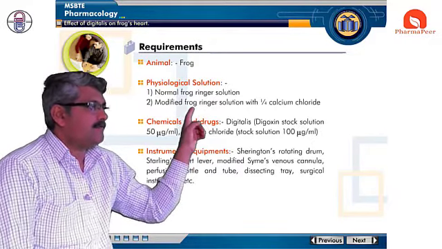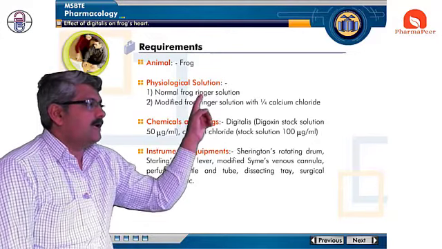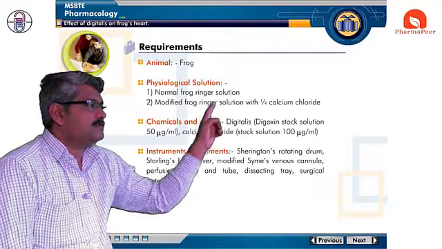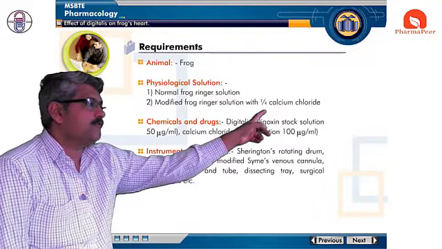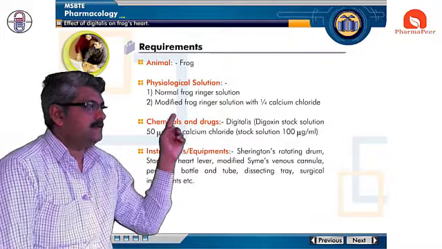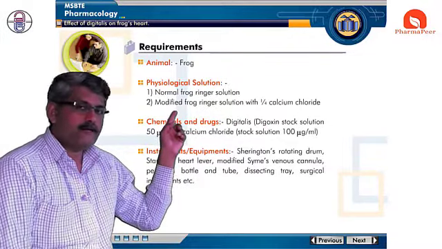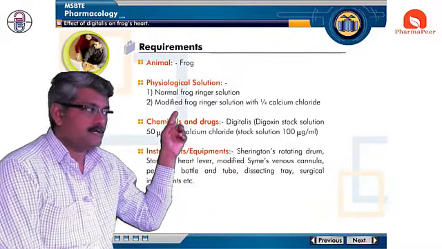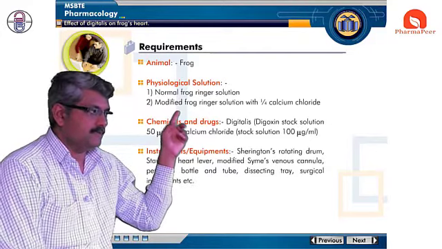Why do we call it modified frog Ringer solution? Because in respect of the normal frog Ringer solution, we are using calcium at 1/4 the quantity. This modified Ringer solution produces another effect that we are going to see in this experiment.